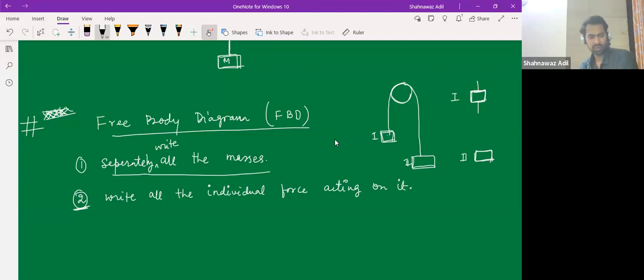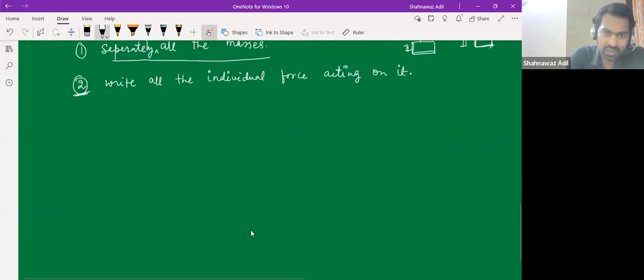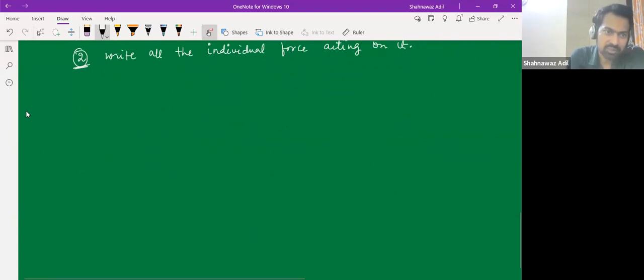Okay. So the next thing is equilibrium. What is this equilibrium condition?